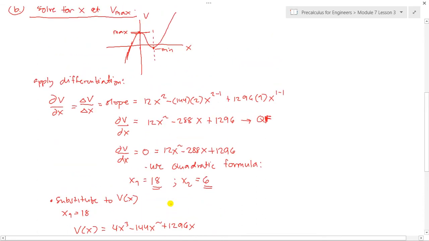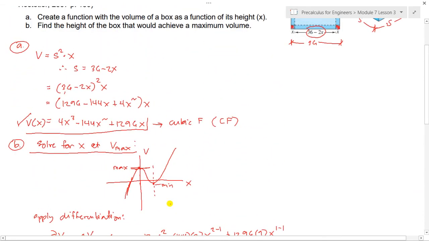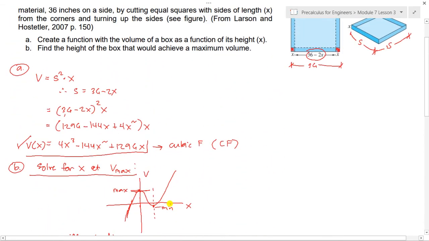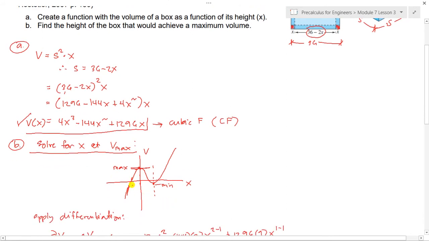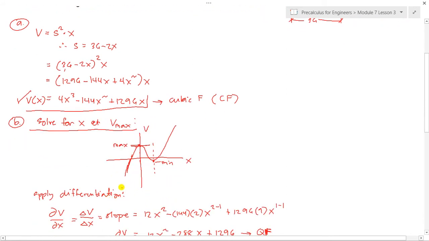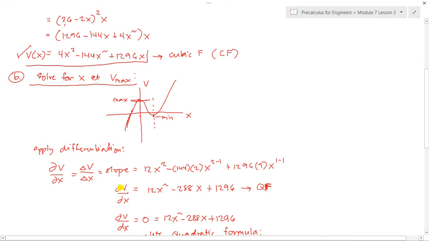So again, if we encounter a problem that has a cubic function, we apply differentiation, because the behavior of a cubic function has two important points.